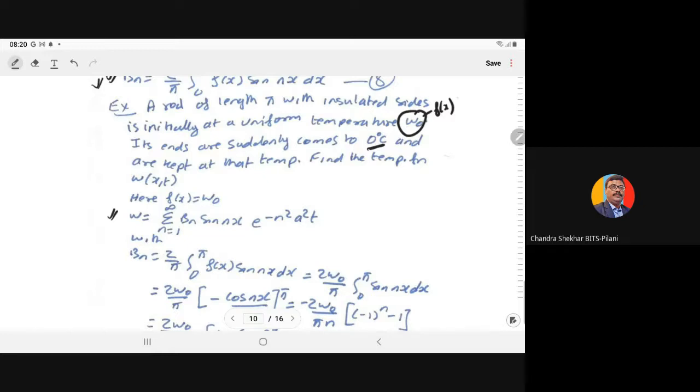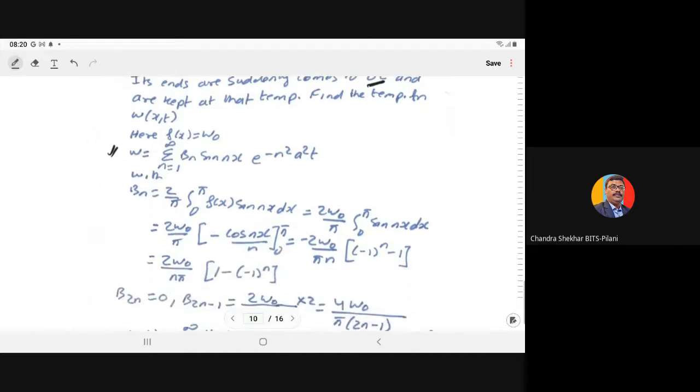It is the summation n equals 1 to infinity b_n sin nx e to power minus n square a square t, with b_n equal to 2 upon pi, integral 0 to pi f(x) sin nx dx. So f(x) is given as W naught. So 2 W naught upon pi, integral 0 to pi sin nx dx.